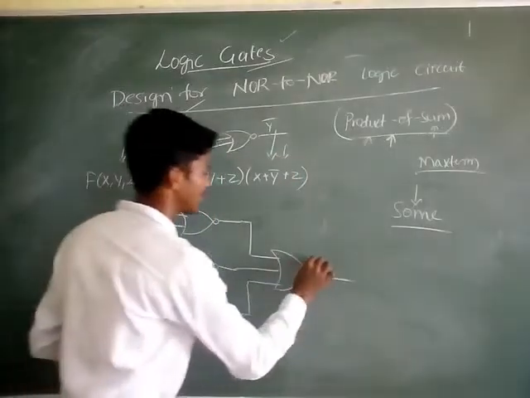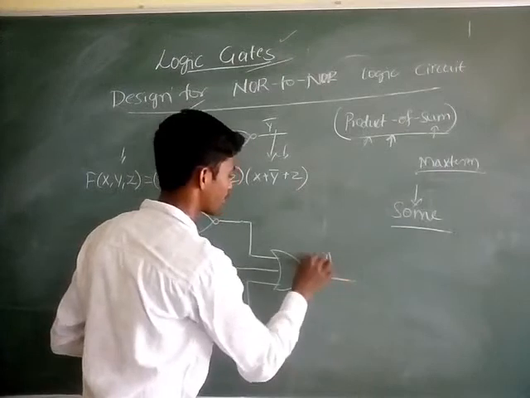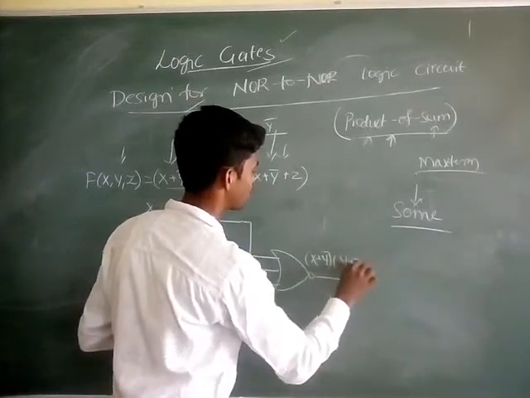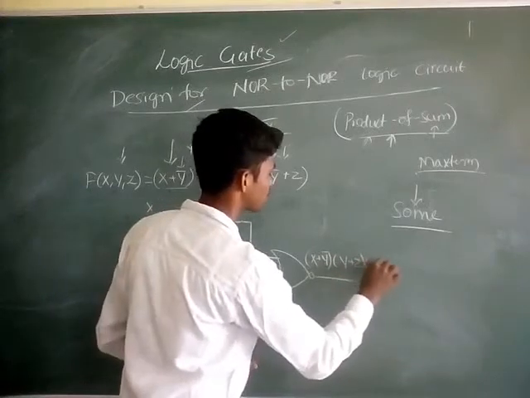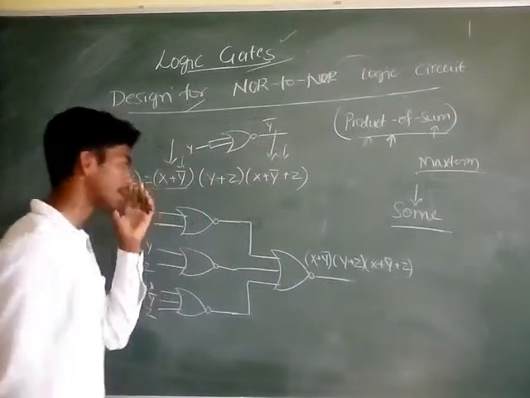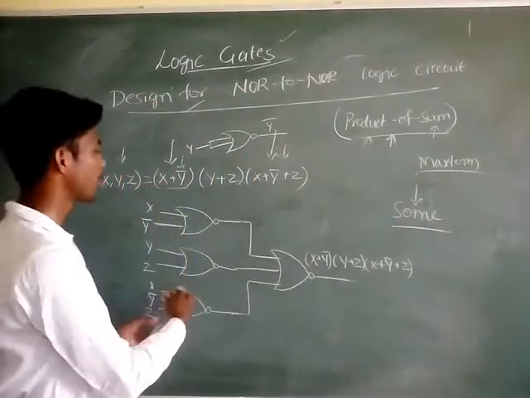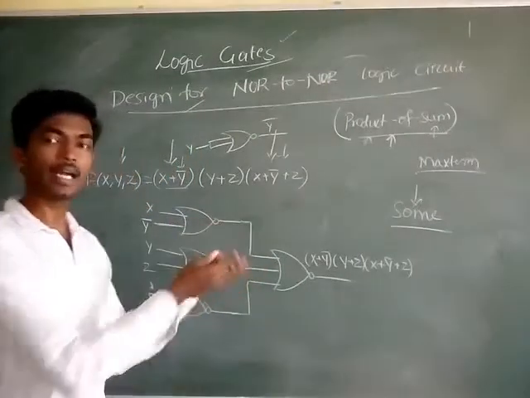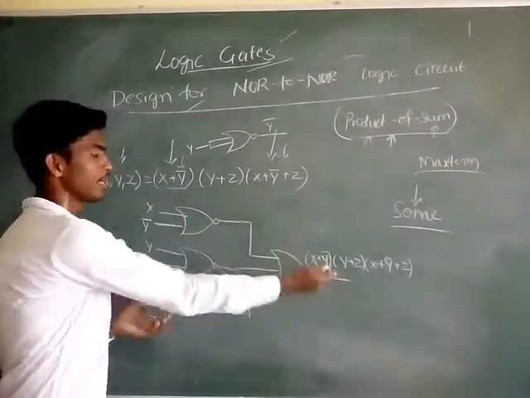This is x plus y, whole complement, y plus z, and x plus y complement plus z, or else you can simplify it using the NOR gate operation. Simplify it and see whether you are getting the same result or not.